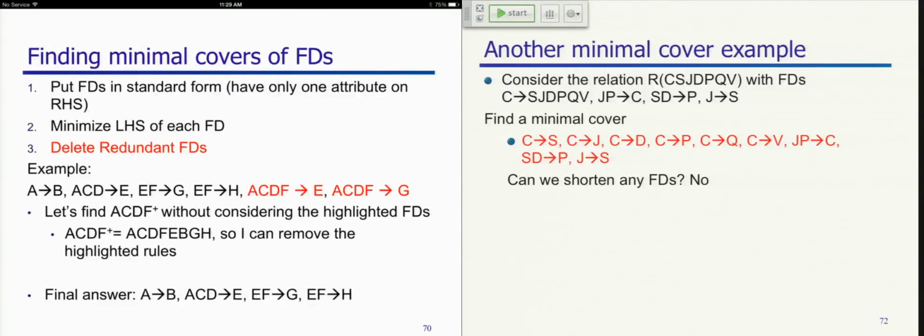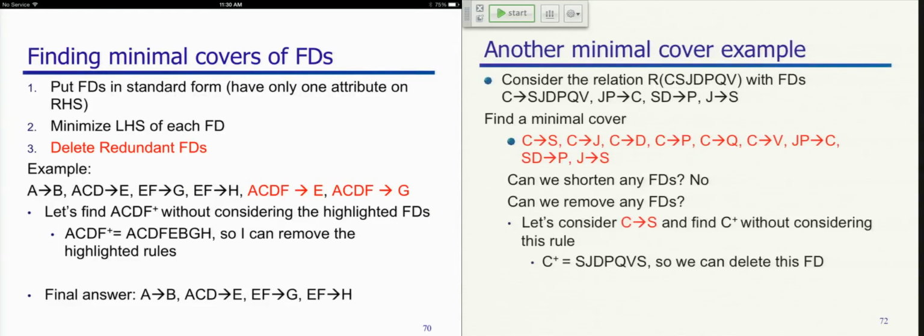J. What else? S. What else? Nothing. So with changing that, I cannot get the same closure. So I cannot make that any smaller. So for step 2, I can't really make anything smaller.